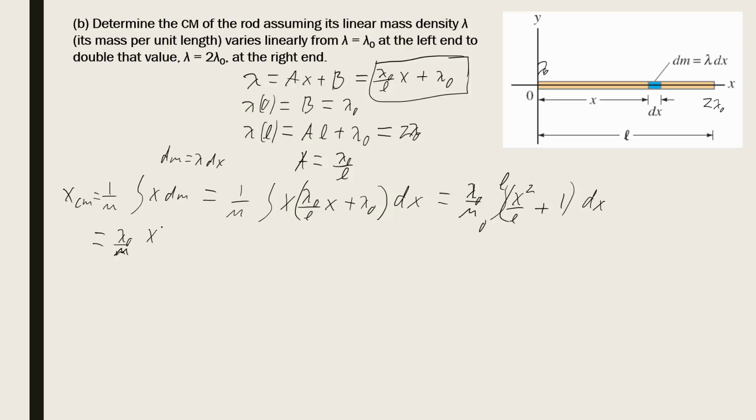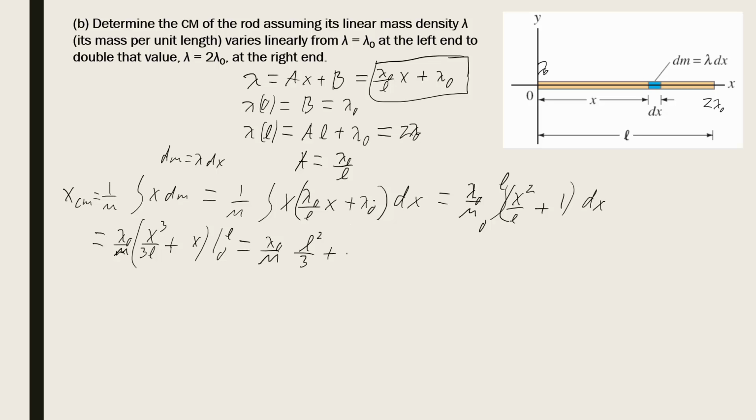This becomes x cubed over 3L plus x, and that is going to be evaluated from 0 to L. So moving right along, that x cubed becomes an L cubed, and then you can get rid of that L, so you've got L squared over 3 plus this guy becomes an L.